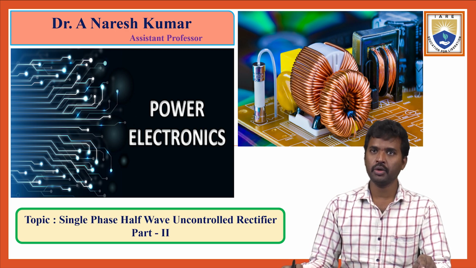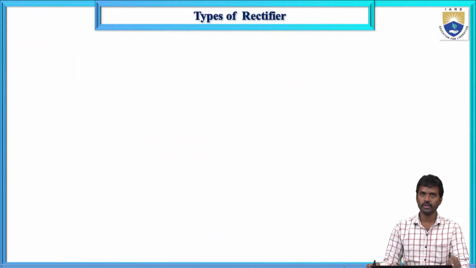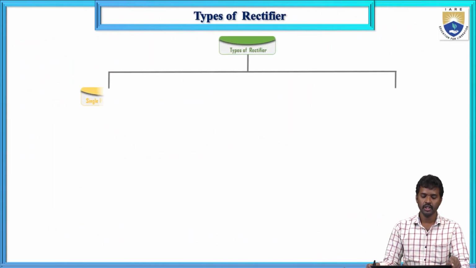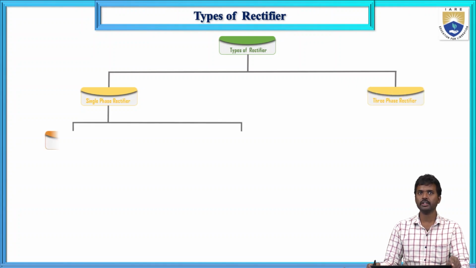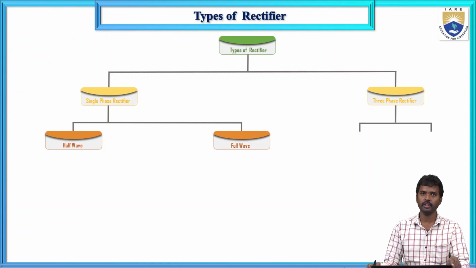Today we are going to discuss the single phase half-wave uncontrolled rectifier with RL load and RL load with a freewheeling diode. First, the types of classifications we already discussed. There are two types of rectifiers: single phase rectifier and three phase rectifier. In the single phase there are half wave and full wave rectifiers. In the three phase also there are half wave and full wave rectifiers.